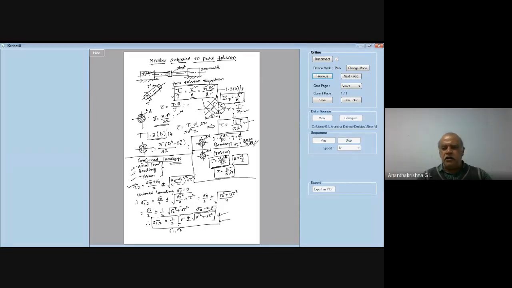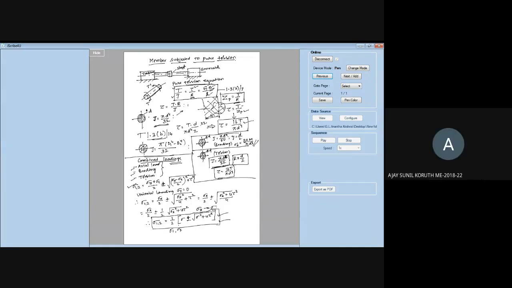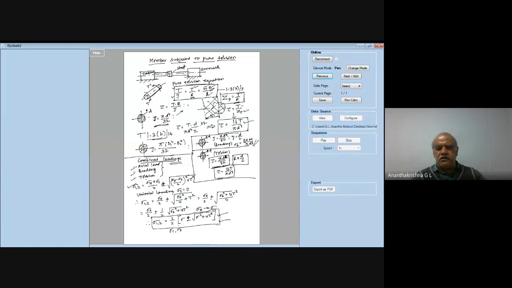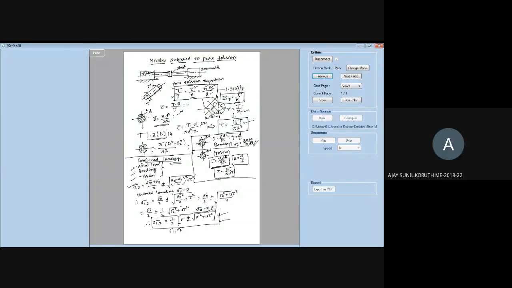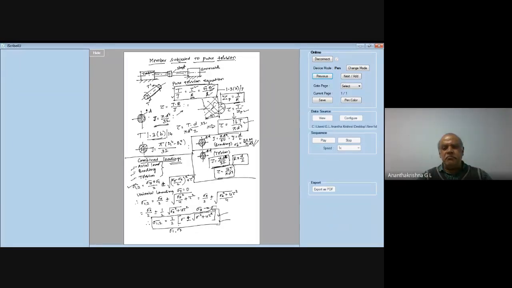What is the section modulus Z? So Z is tau by J by R. Z is in bending.